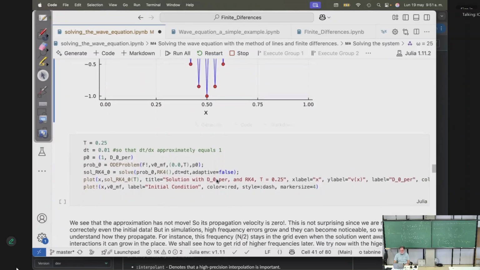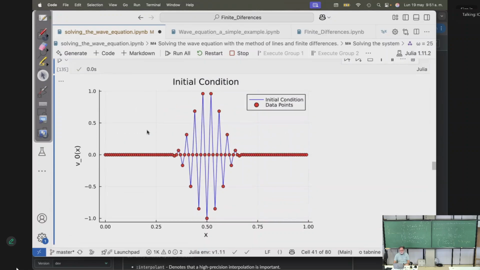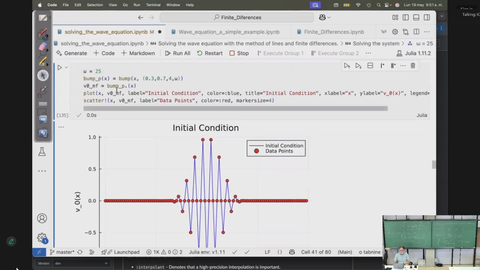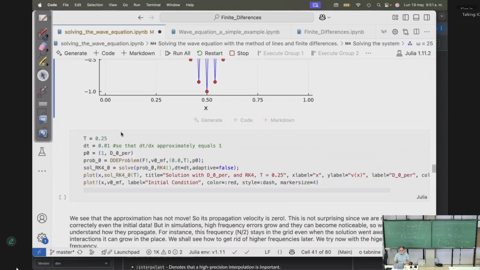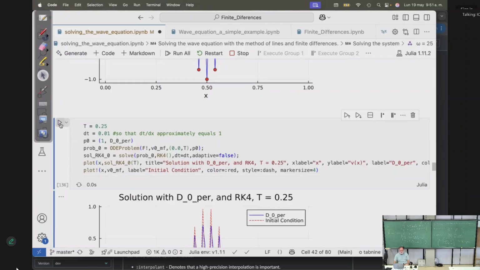We just evolve up to t equals 0.25, so 1/4 of the period, with Runge-Kutta 4, and this initial data is what we call mid-frequency. And let's see what happens.